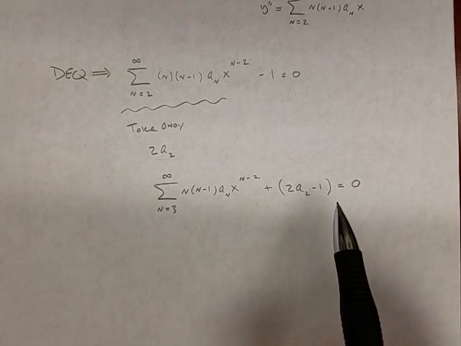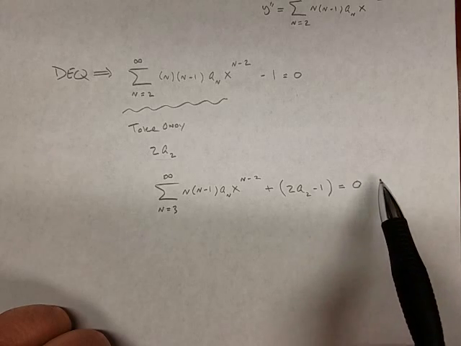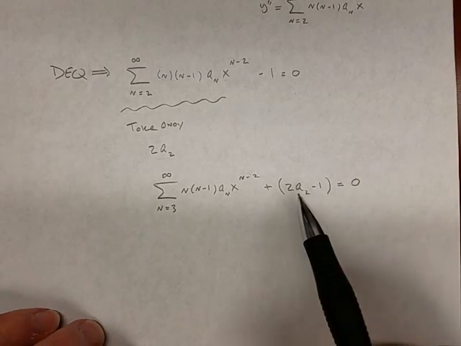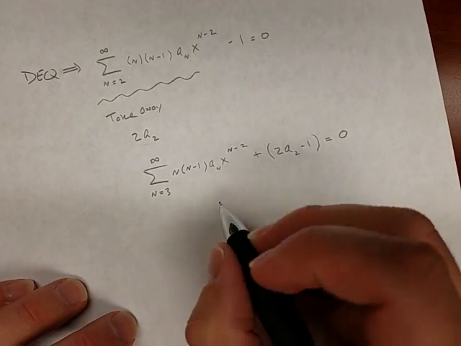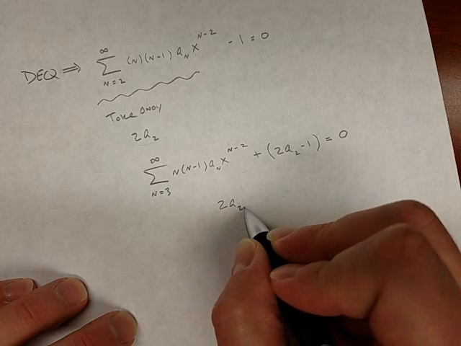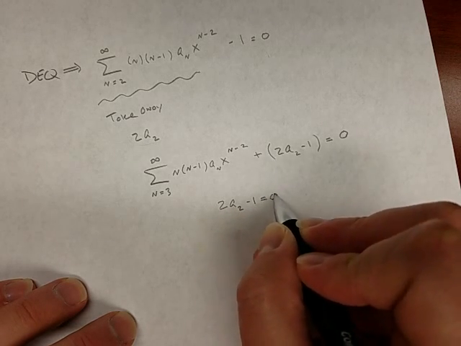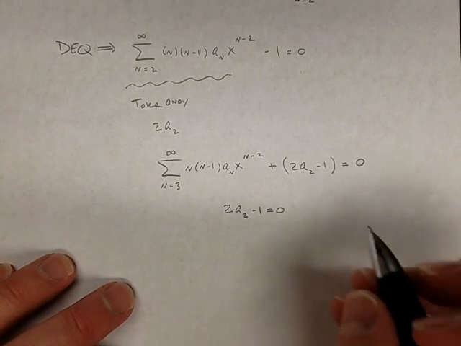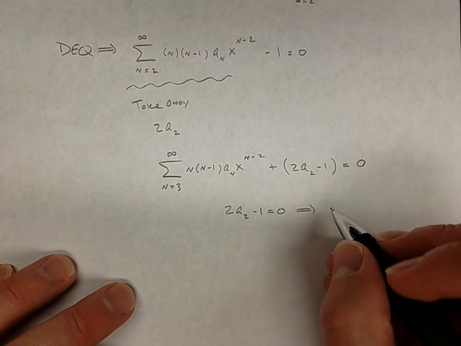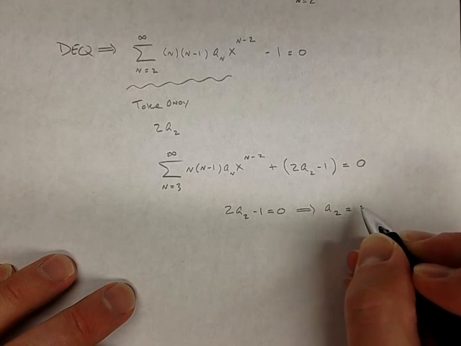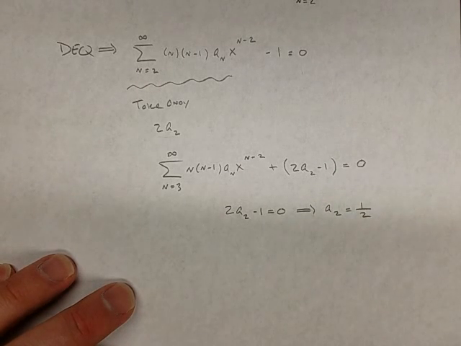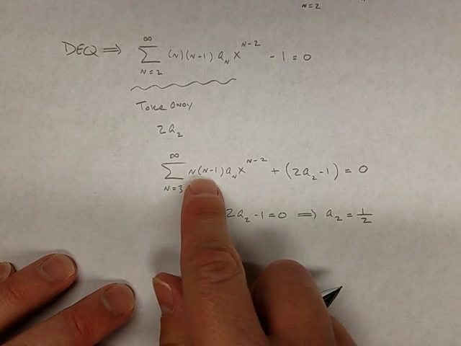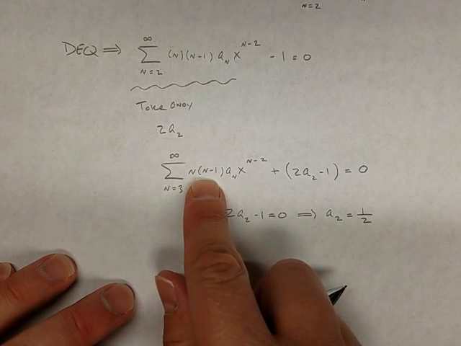So it's all there. In that case, what would every coefficient have to be? Every coefficient has to be 0. So the constant term would have to be 0. We would say 2a2 minus 1 is 0, and that puts a2 at a half. And then every coefficient here would have to be 0.